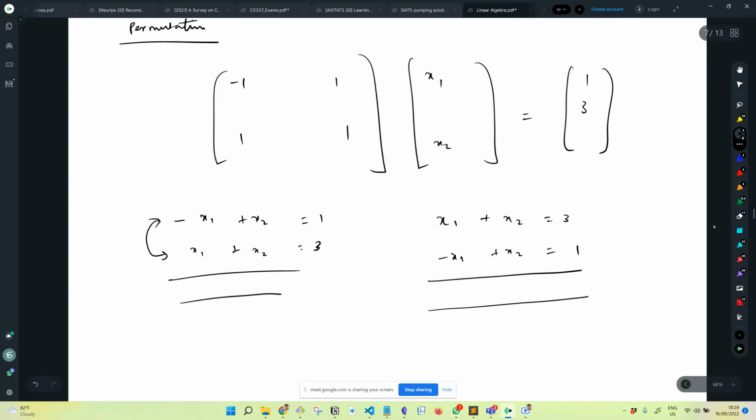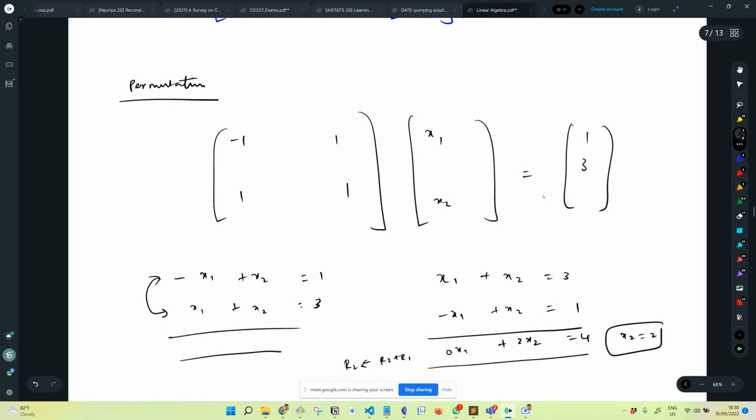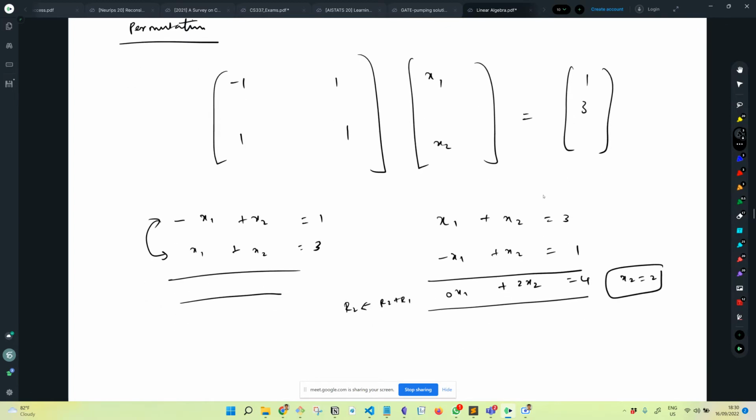No, right? In this system also, let's say I do R2 equals R2 plus R1, then I get 0 times x1 plus 2x2 equals 4, and x2 equals 2. This is consistent with what you obtained earlier. So that is why permutation is also a legal operation in obtaining the solution to a system of linear equations.